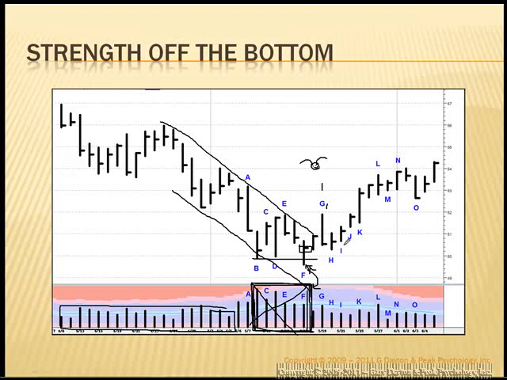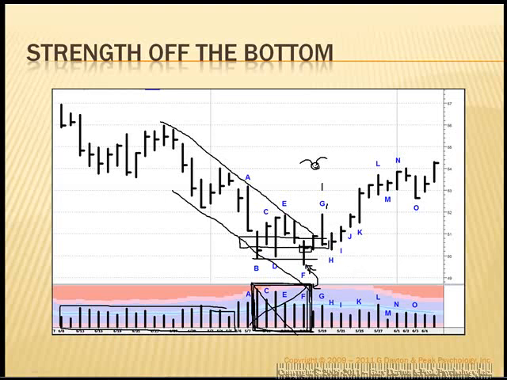It's the same thing here. Even though it looks negative, this is most likely just the professional traders, the larger traders, doing one last shakeout here.